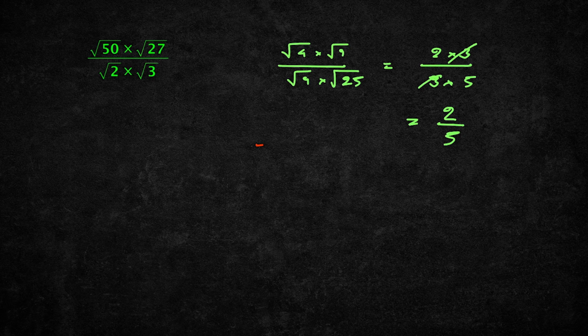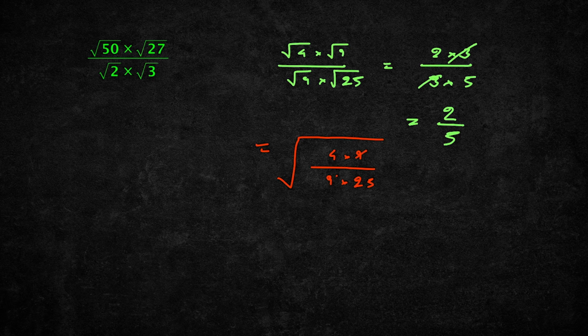Another strategy for doing the same thing is to bring everything under the square root, multiplied with each other. If we bring everything under the same umbrella of square root, we have 4 times 9, everything divided by 9 times 25.